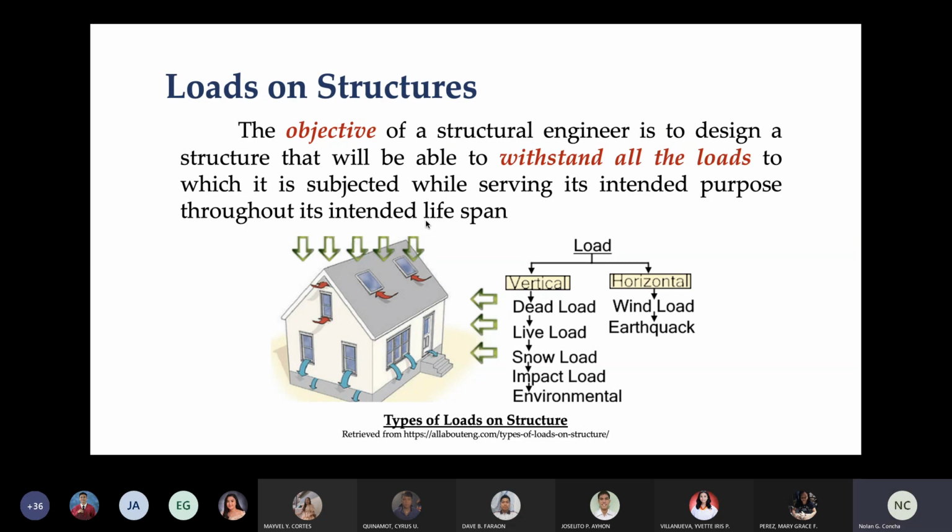And in fact, in your design courses later, you will be calculating these magnitudes of loads, and you will be using them to design the structural members of your building.